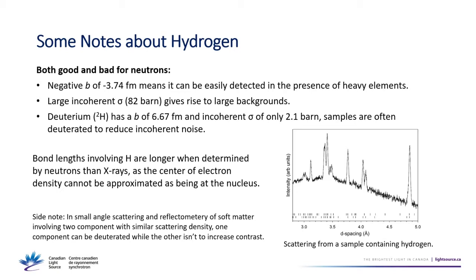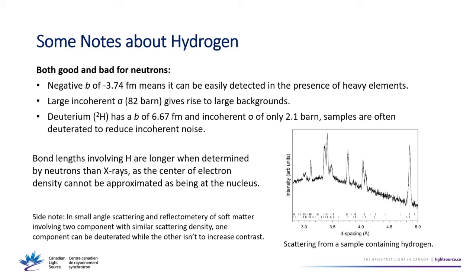The good thing is that deuterium, which is just a special name for the heavy isotope of hydrogen with one proton and one neutron, has about 40 times smaller incoherent cross-section. It has a coherent cross-section about twice as large, so positive.